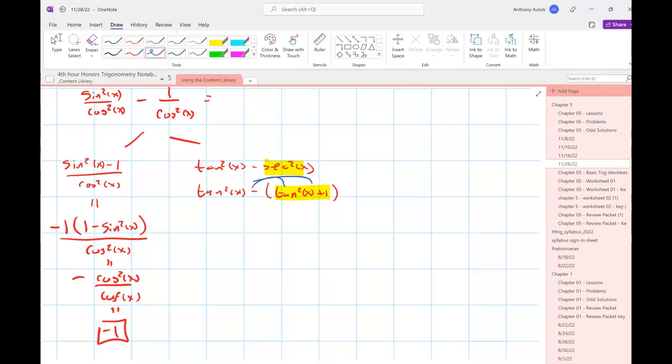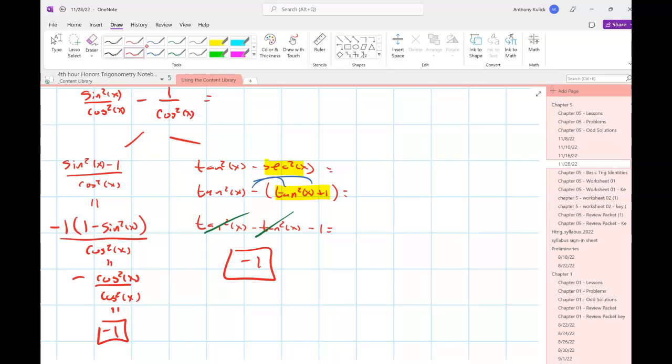And then we can just distribute the negative. And those two like terms combine to give you 0. And you're left with negative 1. Either way of going about that would have been fine. So good instincts from both of you guys. Right on.